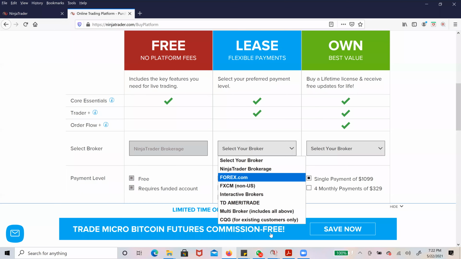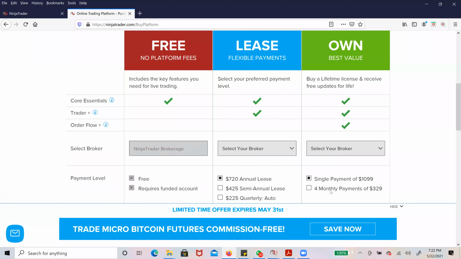So make sure you understand what you are doing. My personal suggestion, if you are in the US or Canada, is to buy the full license, and then you never have to worry about buying or leasing it. With leasing, you still have to pay $720 every year.